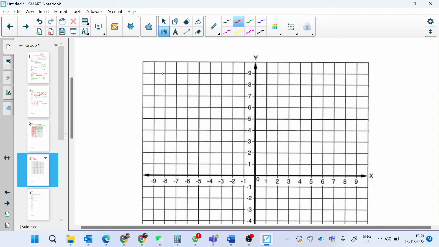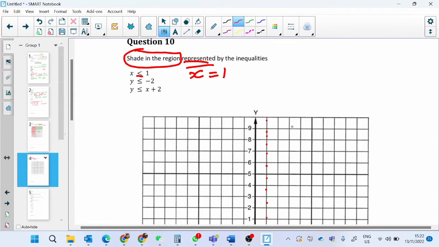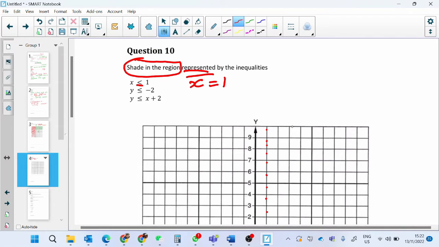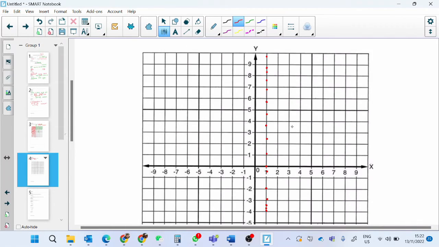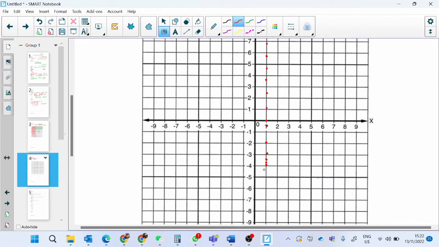So x is 1 here and this one is exclusive, so I have to put a dotted line, and the represented region is smaller than 1. That means the represented region is towards this side. The greater side is not represented.